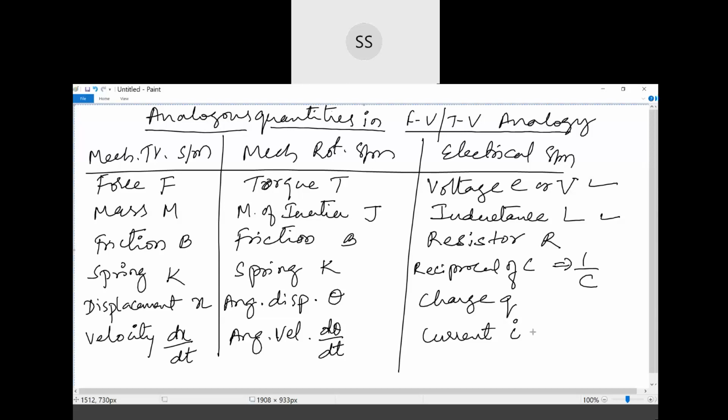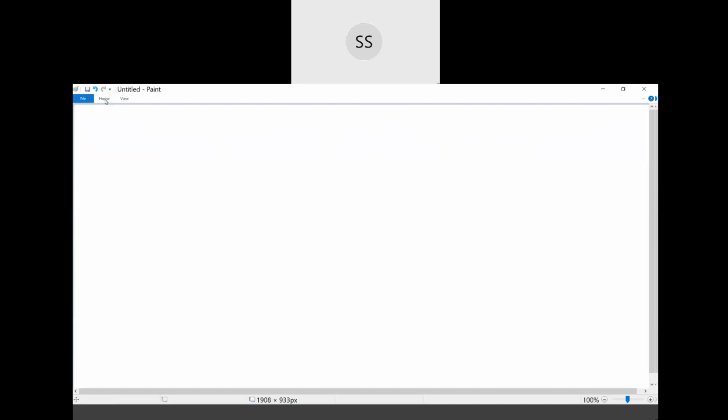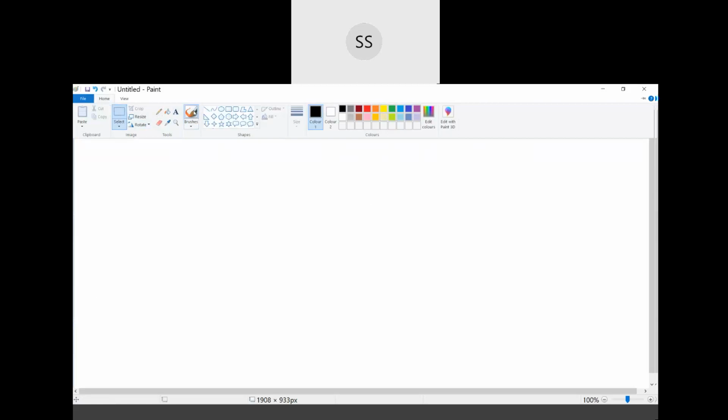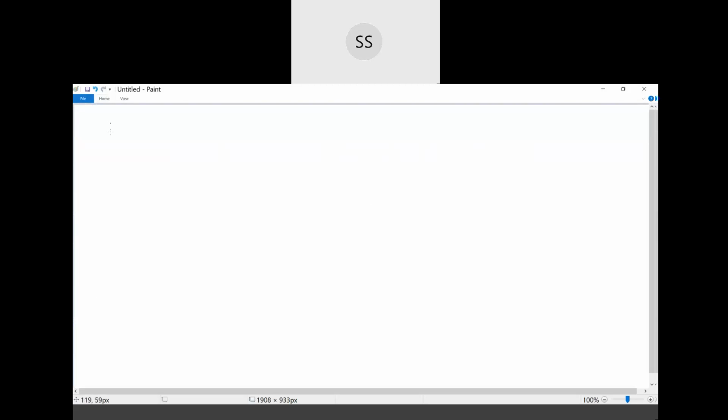So now the analogous quantities are represented like this. The force is analogous to voltage. Mass is analogous to what?